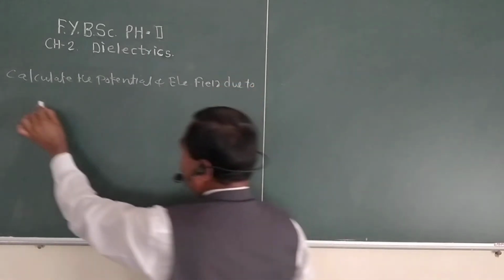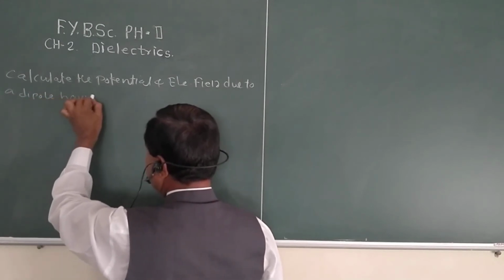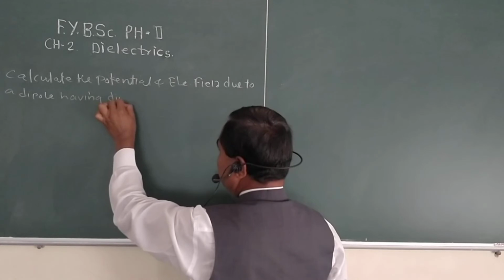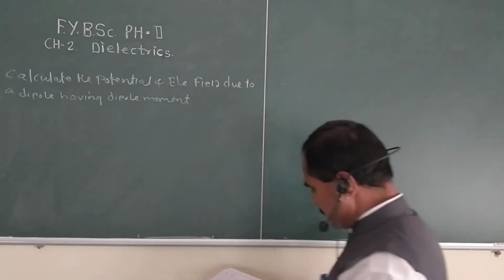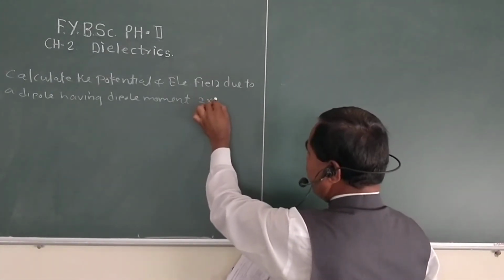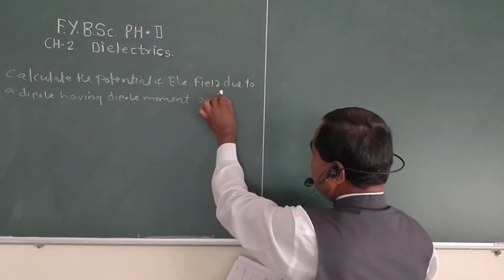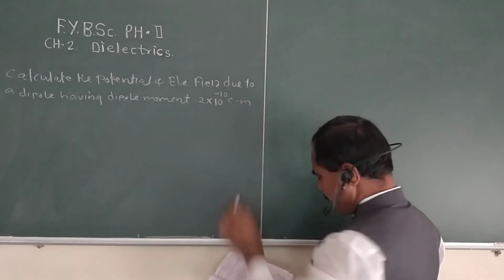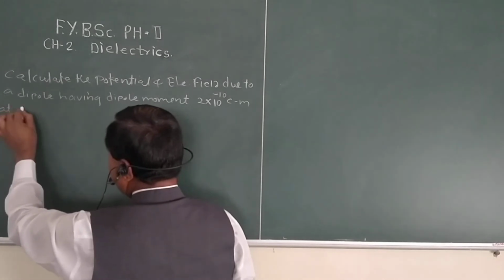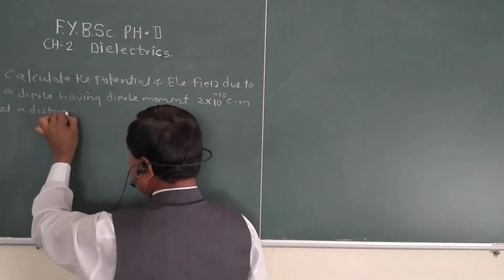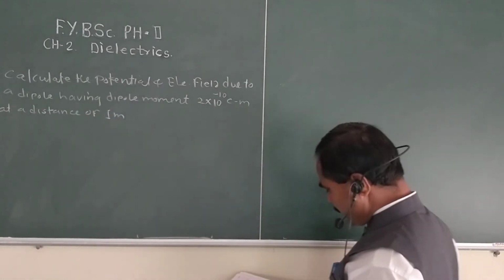Due to a dipole having dipole moment, that is 2 into 10 raised to minus 10 coulomb meter at a distance of 1 meter from it.